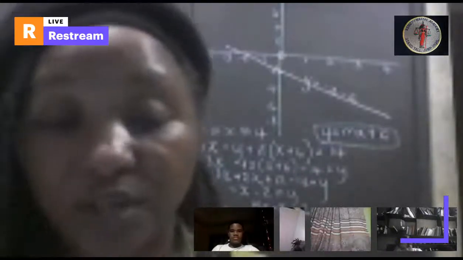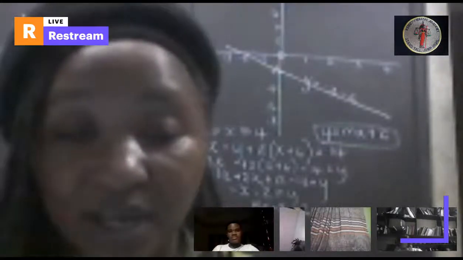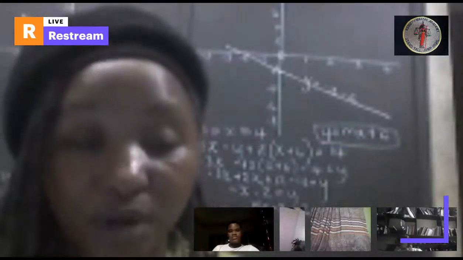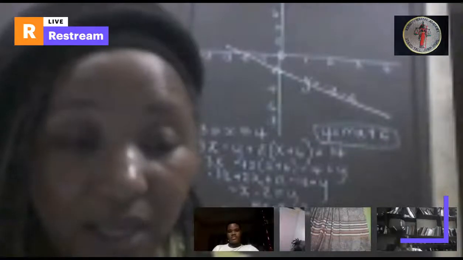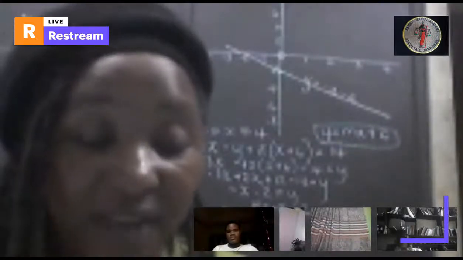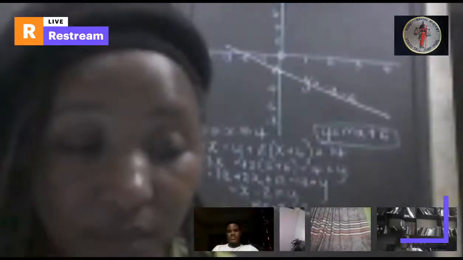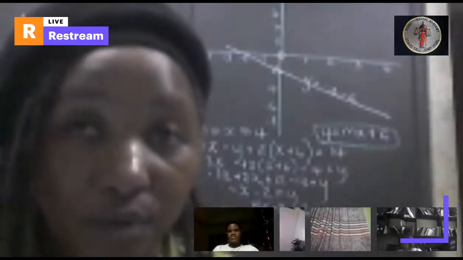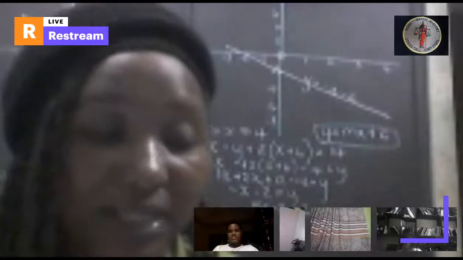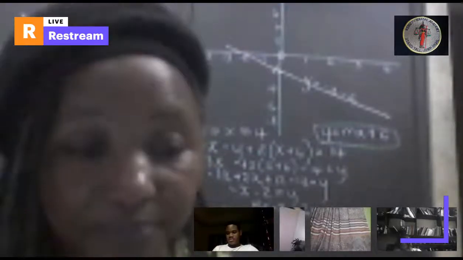So with that pattern, what you find is that the line will cut through the origin at a 45-degree angle. So it cuts through the first quadrant and the third quadrant.